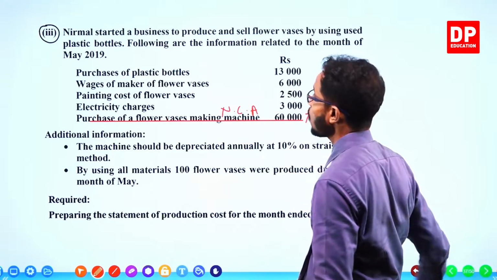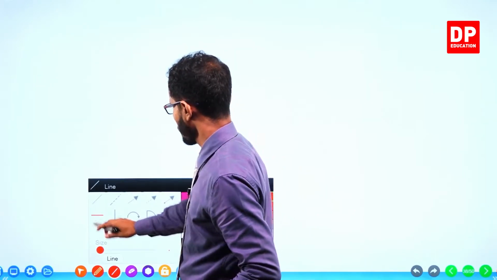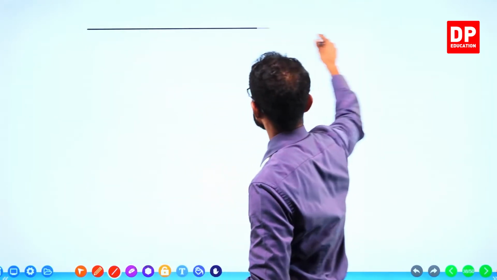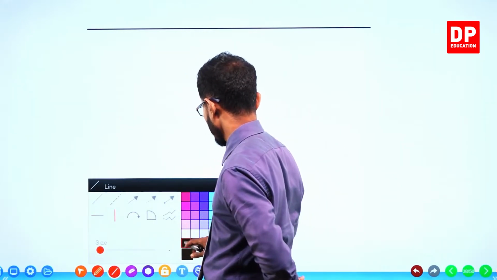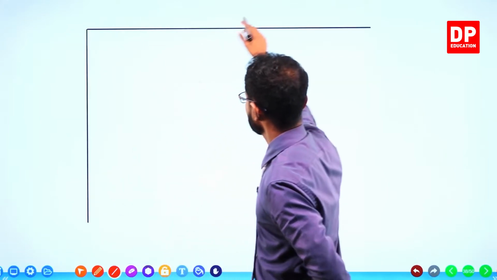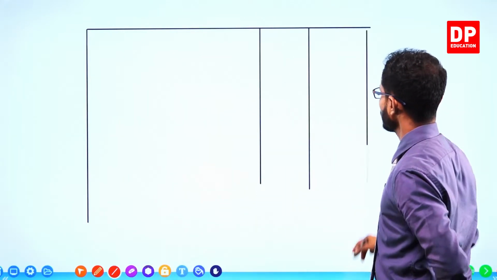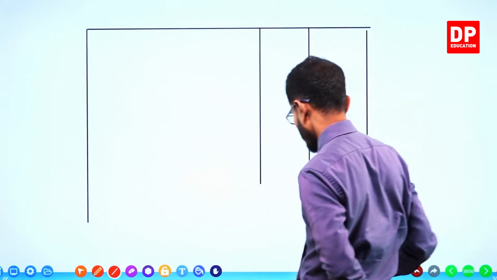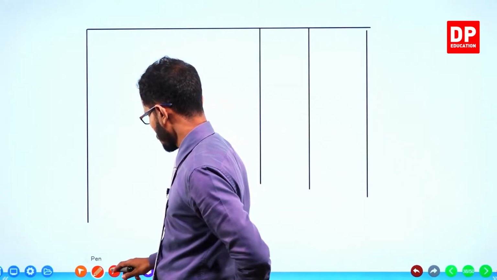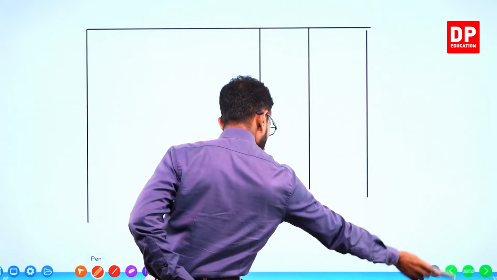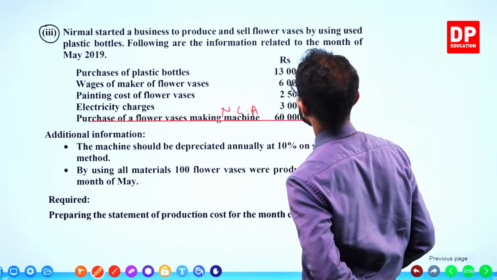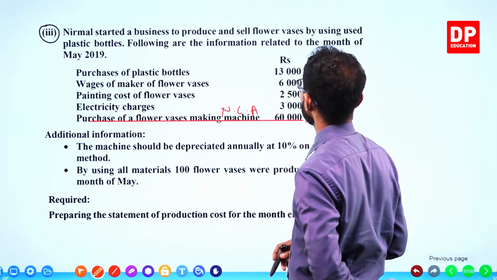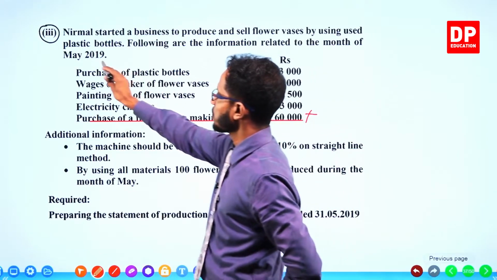Let's draw it first. There is not much of a format here. It's a very simple one. Details column, 2 amount columns. That's it. Whose business? Nirmal's business. For the month of May.